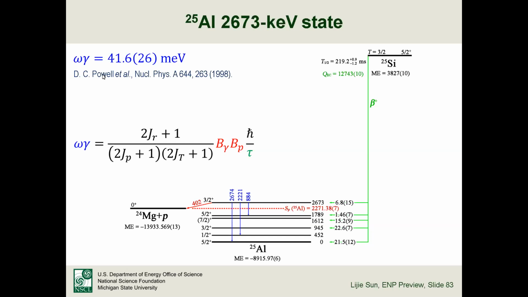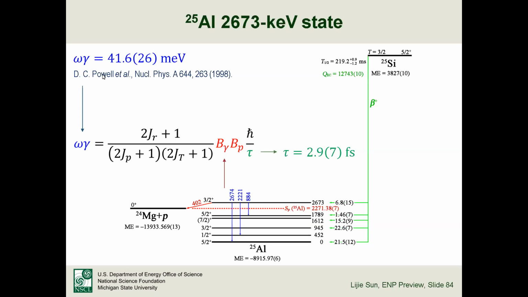So a previous 24Mg(p,gamma) reaction measurement at TUNL in North Carolina already determined the resonance strength of this state to be 41.6 meV.